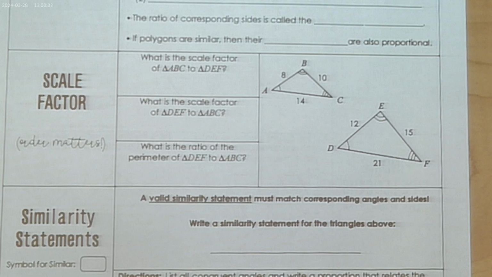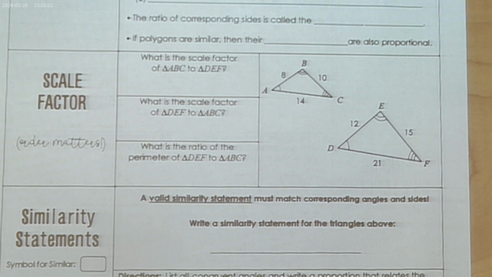say we have a triangle that has all three sides measure 3, and I apply a scale factor of 2 to all three of those sides. If I have a triangle that has all sides measure 6, I can say that those two triangles are congruent because every single side falls into the same ratio relationship as all the other parts of the triangle.